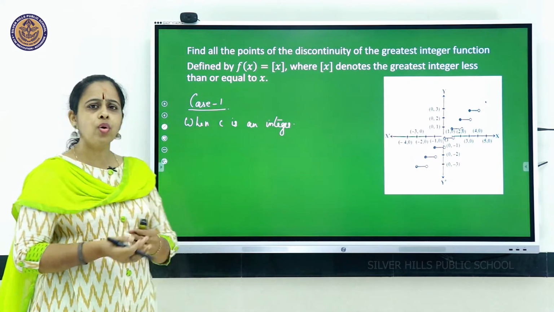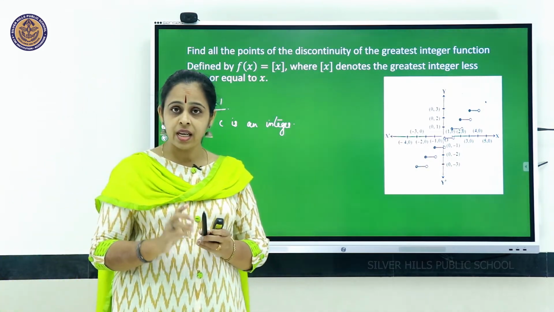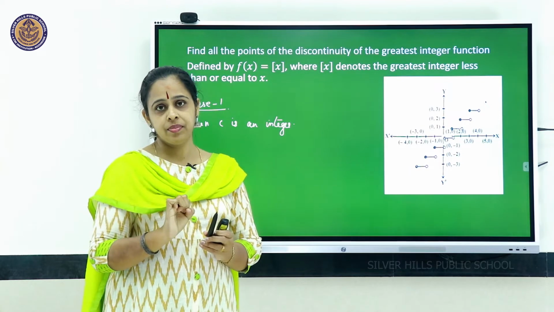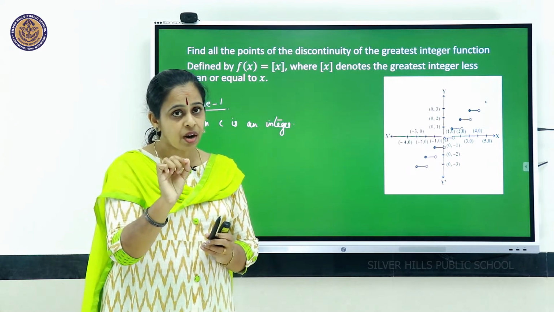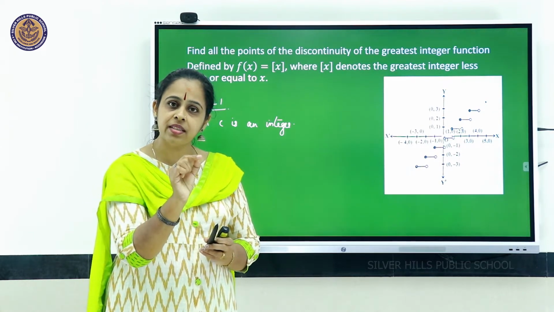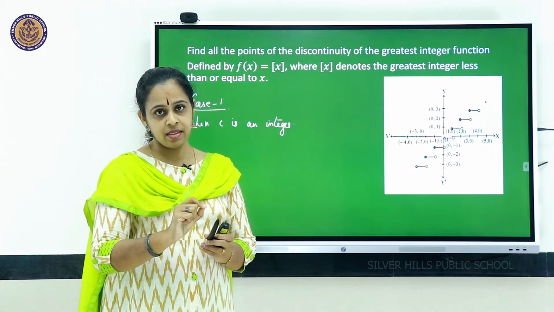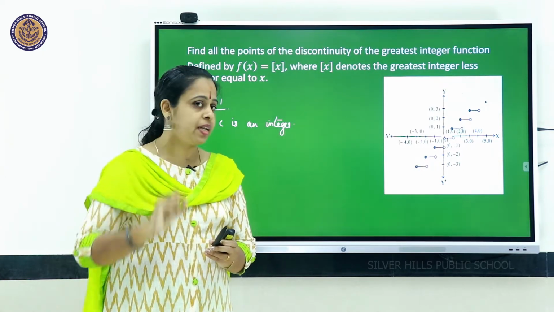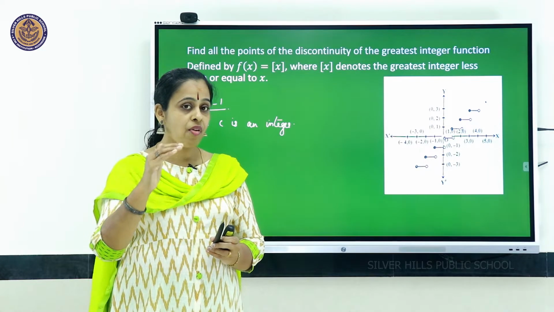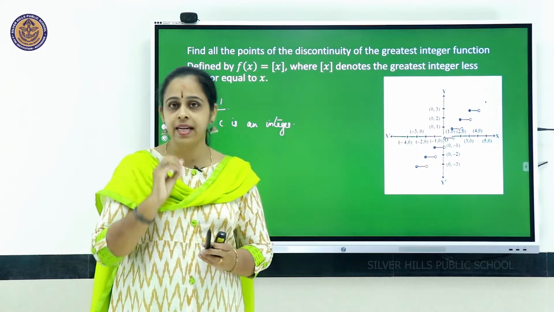So what we are going to check? When we are taking an integer, through that integer we are coming through the left side, right side, and the value at that integral point. 3 of them, whether they are unique or not, let us see.